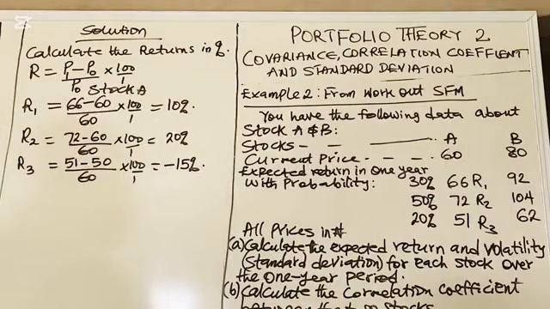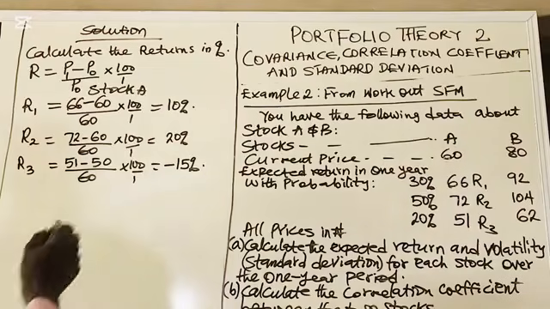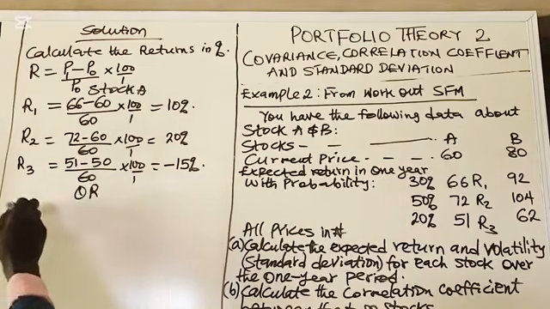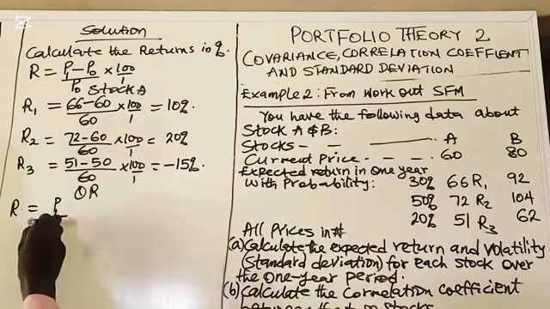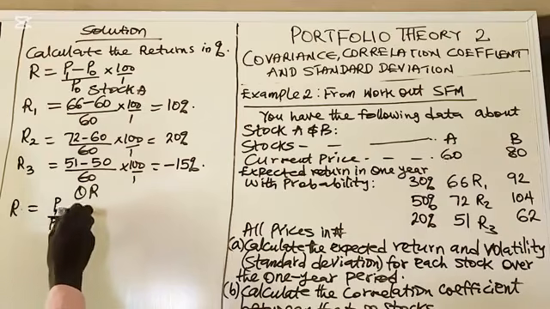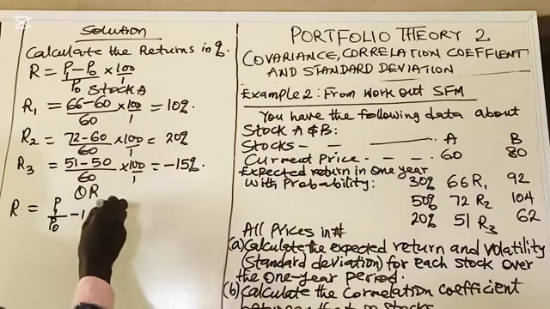And if you want to make use of the second formula, the second formula is returns equal P1 over P0 minus 1 times 100 over 1.